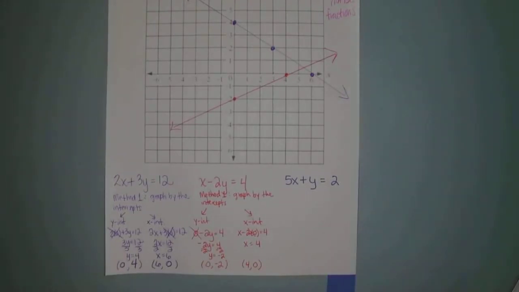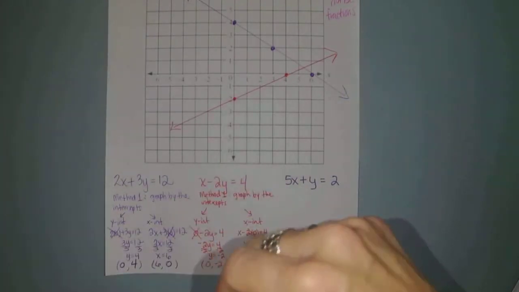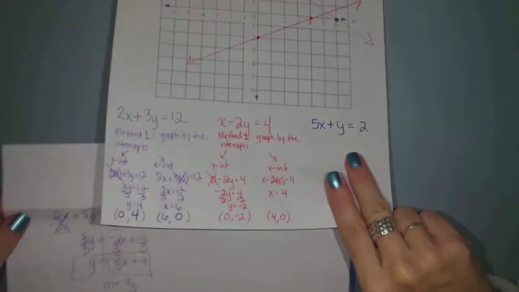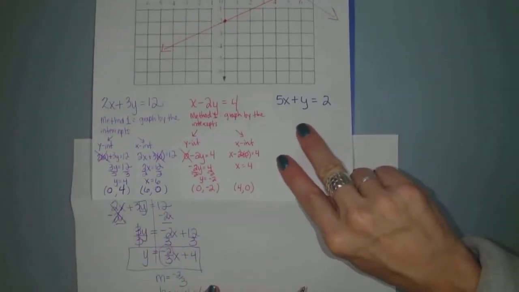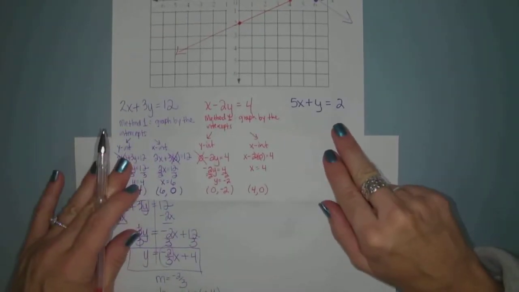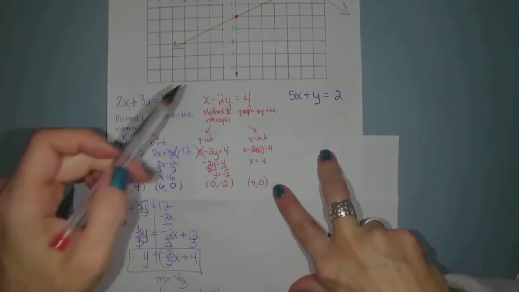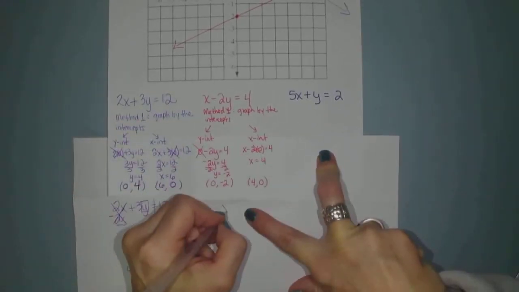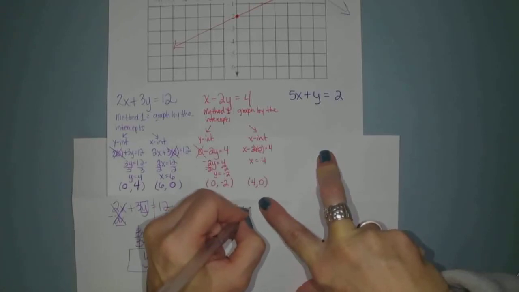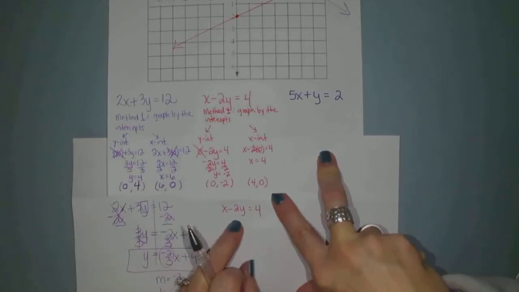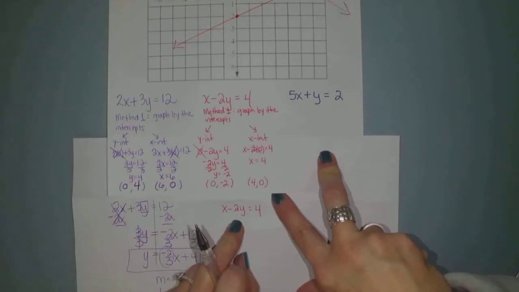Okay, now the alternative. Let's do the alternative method here. Pull this back under here. Okay, so we've done it by intercepts. Now let's recopy x minus 2y equals 4, and let's solve the literal equation for y.